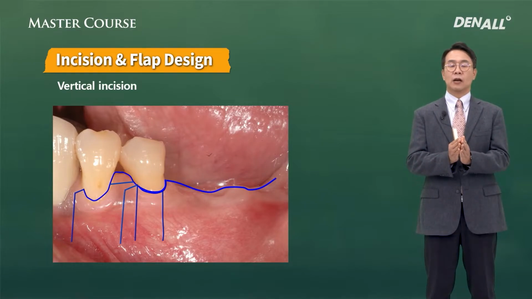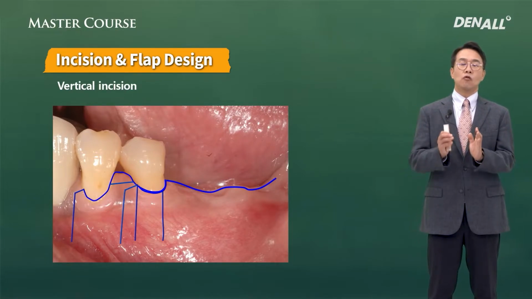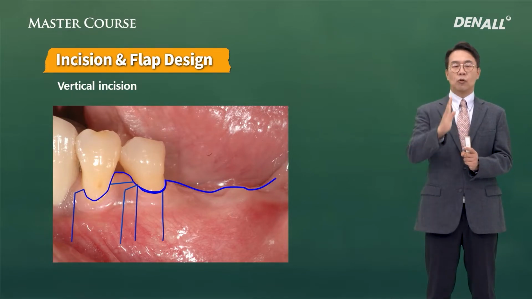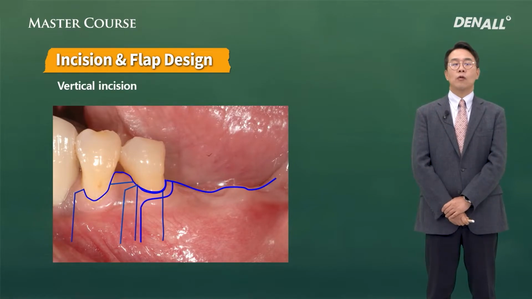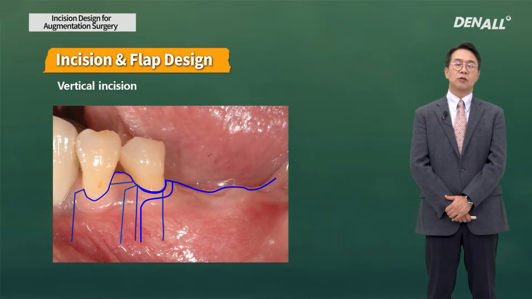If you look at here, the direction of the vertical incision, the base is wider than the apex. In the mandible, blood supply doesn't go straight up, it goes up obliquely, so it can be made in an oblique way. So the most posterior tooth does not need to be involved.